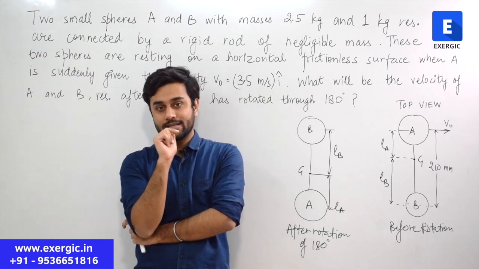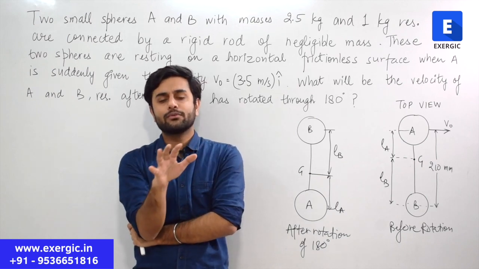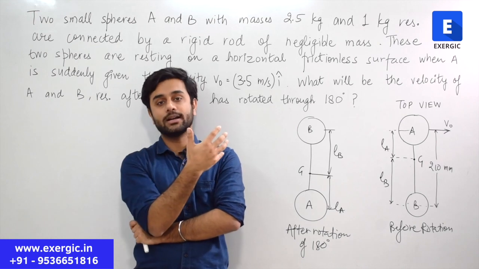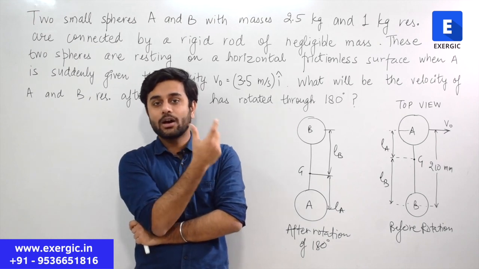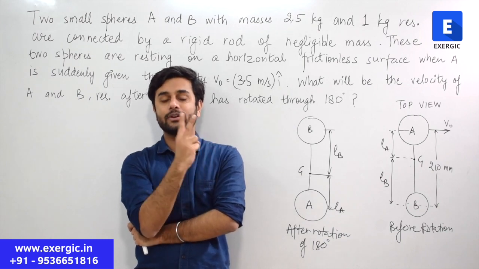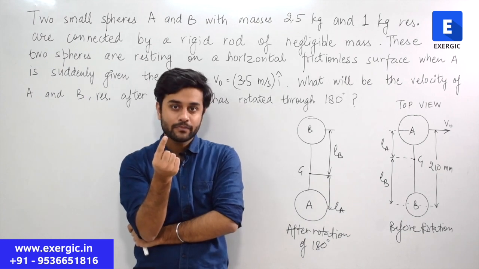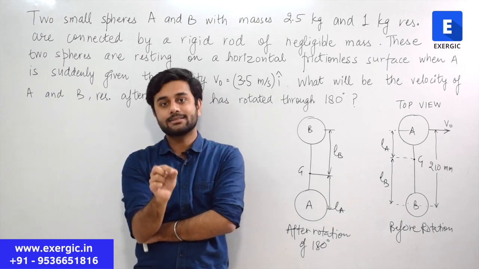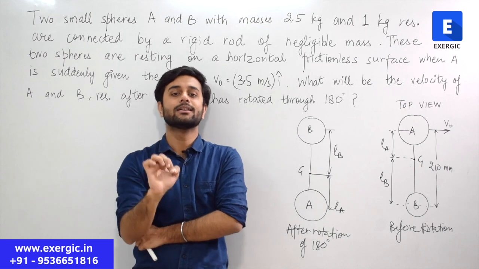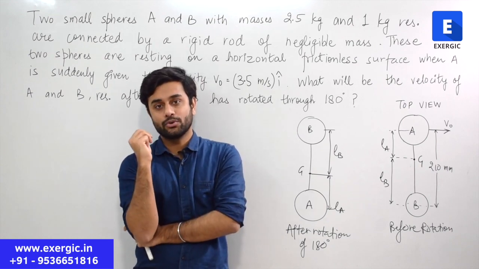In one of the earlier questions, I told you that whenever you have no clue how to start, just write down what data is given to you. In the question, it has given you just three things: mass, velocity, and the distances, right? The distance of points from each other. These three things are known to you.